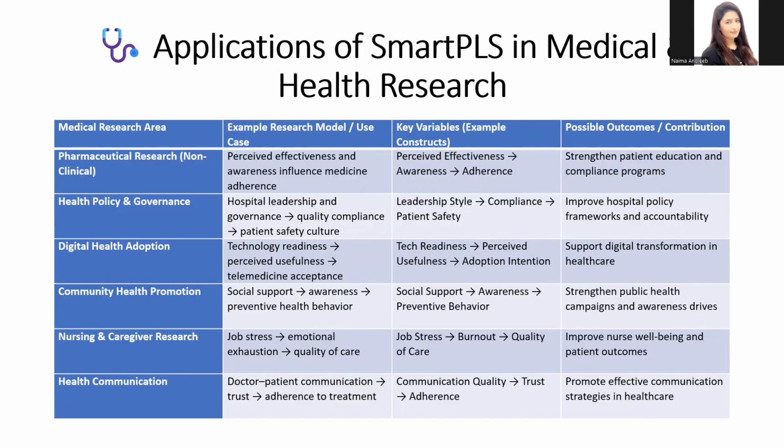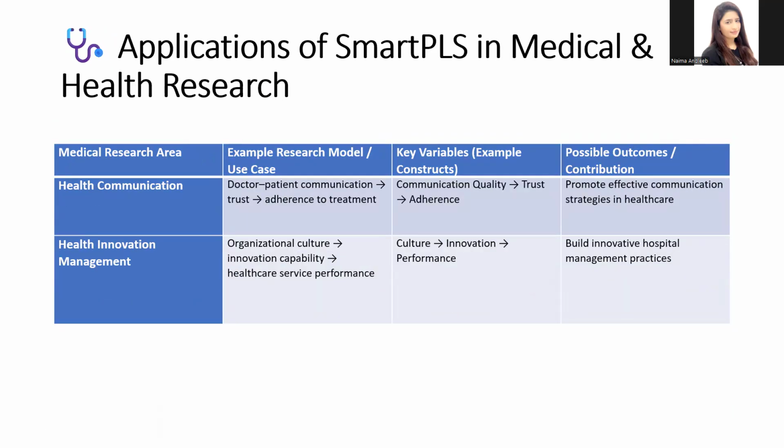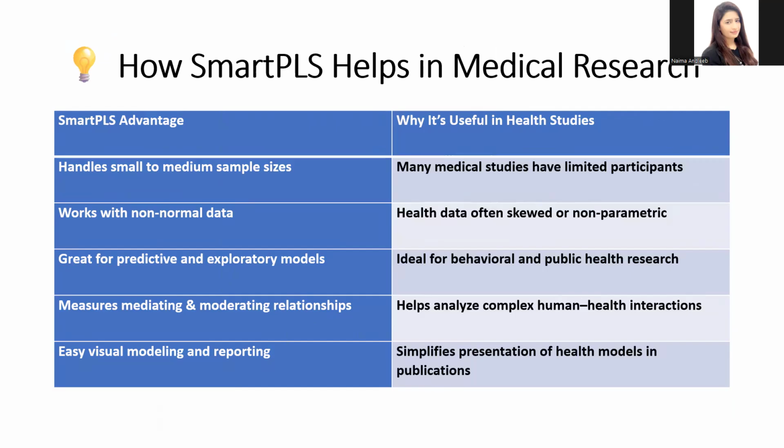One of the things that I also want to recommend to researchers, to enhance your chances to publish your paper in good journals, like top tier journals, is that you can also use Smart PLS along with SPSS in your medical research.